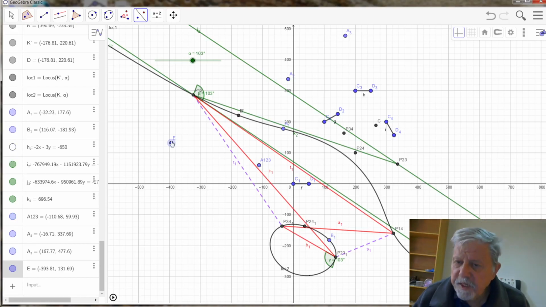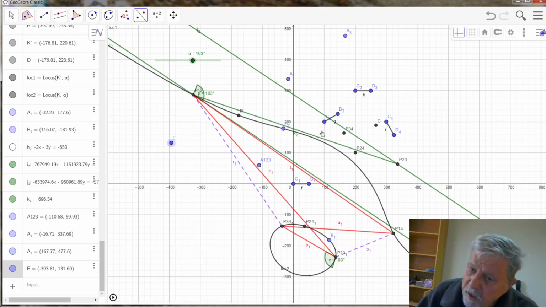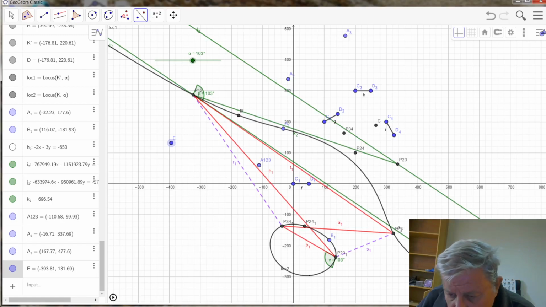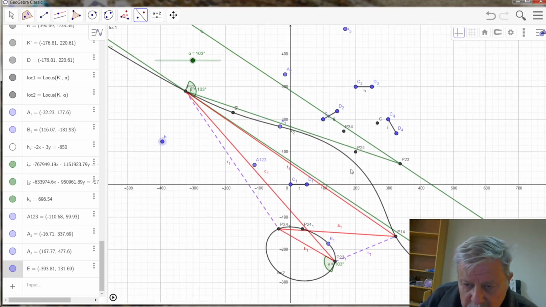How can I determine A4? Now, I have to use another pole triangle. For example, I can use P12, P14, where is P14? Is here. P12, P14, and P24. P24 is here. I can use that pole triangle.